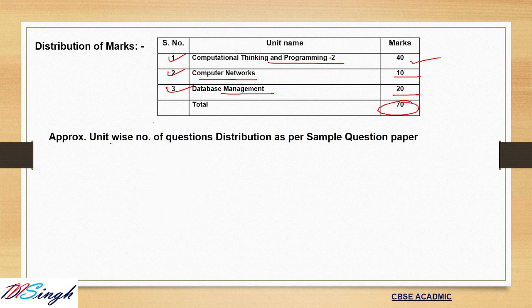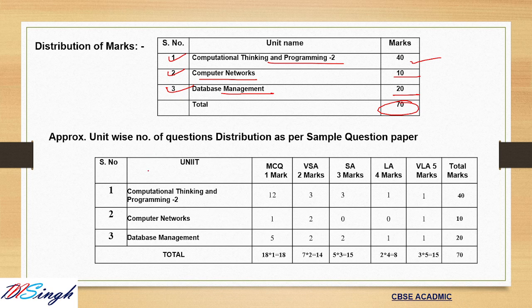Then we try to approximate the blueprint of the question paper, that is, which particular topic questions are coming from, so we need to see here. This is approximate because CBSE has not provided any blueprint, but we are trying to understand. So let us see it.